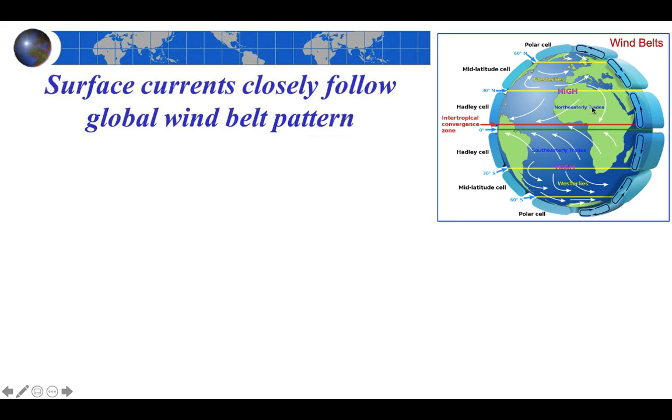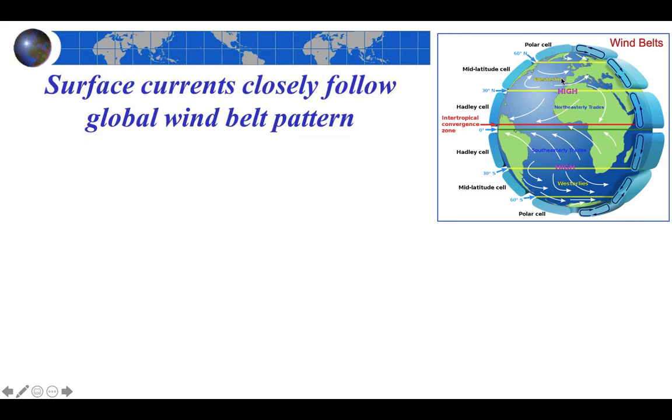In the northern hemisphere, these trade winds blow from the northeast to the southwest, and in the southern hemisphere, they blow from southeast to the northwest. And then when they converge towards each other, they form what we call the intertropical convergence zone, which results in significant upwelling along the equatorial belt. And that is a very important phenomenon particularly in the Pacific Ocean, and we'll talk about that later on as well.